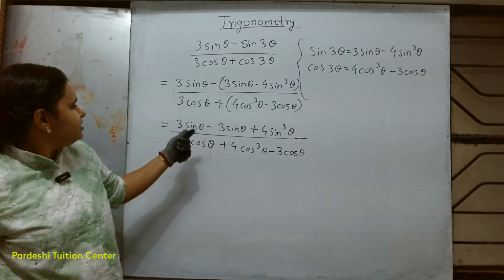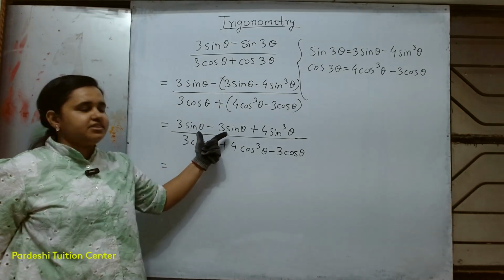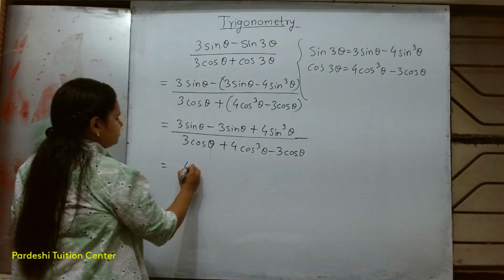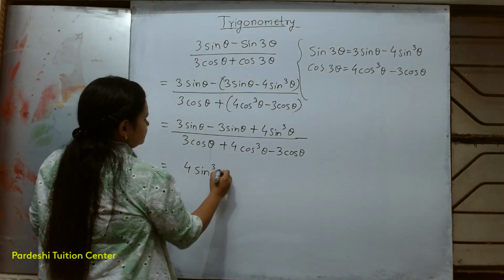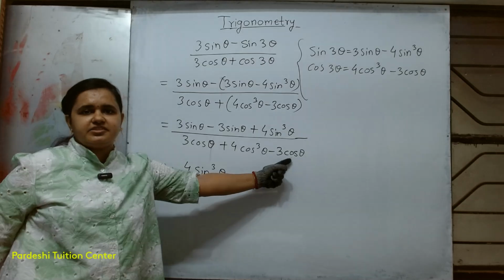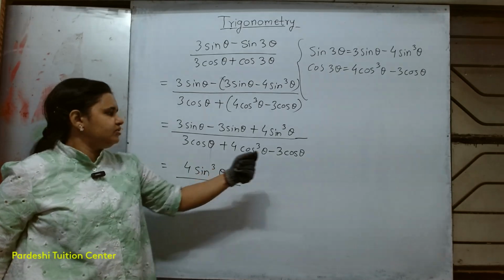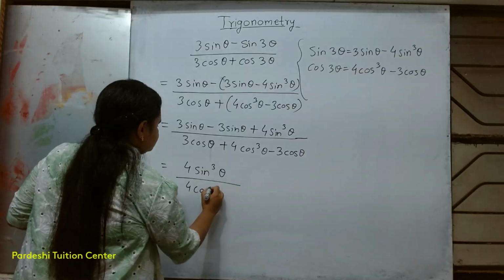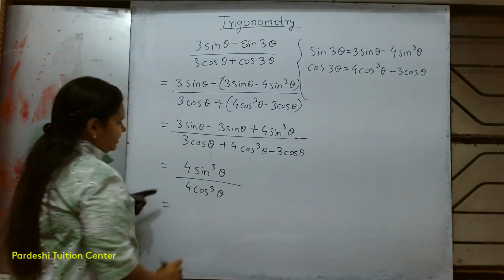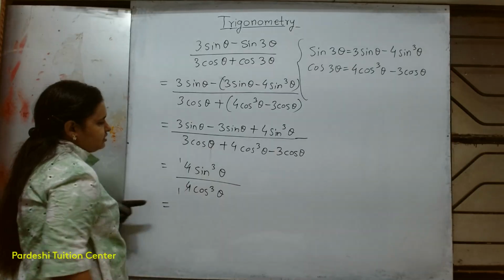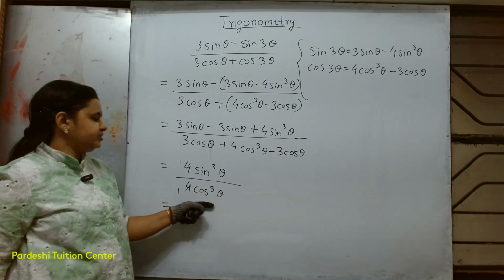Okay, now 3 sin theta minus 3 sin theta will get 0. What is remaining? Only 4 sin cube theta, and 3 cos theta minus 3 cos theta will be again 0, remaining is 4 cos cube theta. Again 4 divided by 4 is 1, sin cube theta upon cos cube theta.